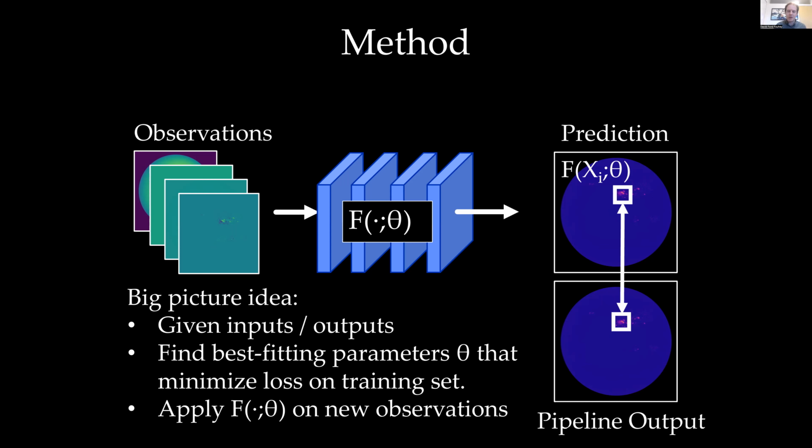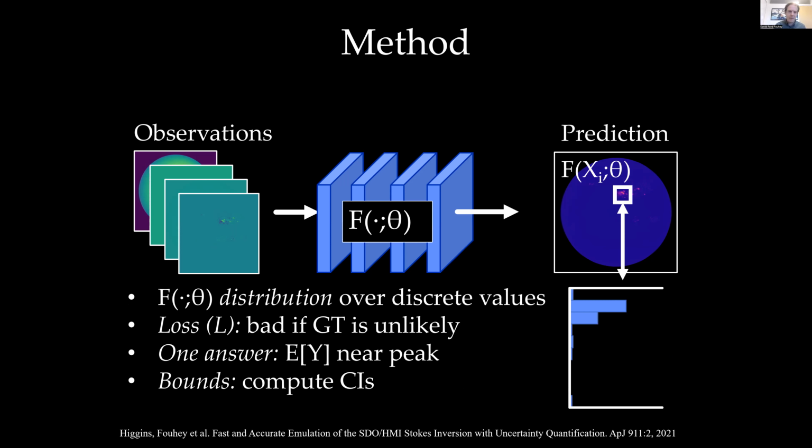Once we've found the parameters theta, we can apply this function to totally new observations. If a new set of observations comes in, rather than doing the inversion by minimization using an optimization technique, you just do a single feed forward function. Since there are people here who are very interested in machine learning, I'll briefly explain some of what we do.